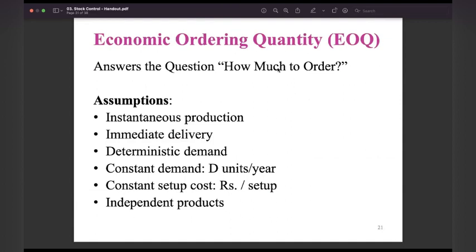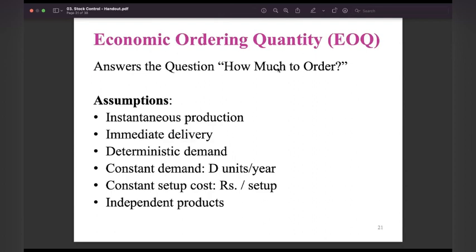Okay, now we talked about total inventory cost. Next, let's discuss economic order quantity, EOQ. This answers the question, how much to order, right? That means the quantity that you need to order. You need to do calculations to find how much you need to order.